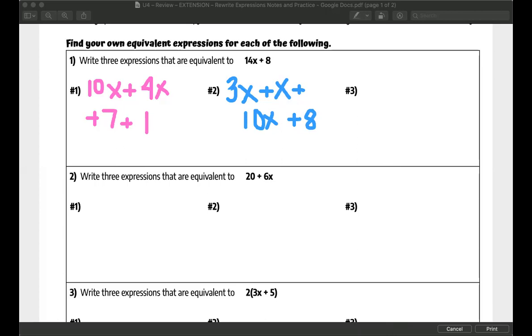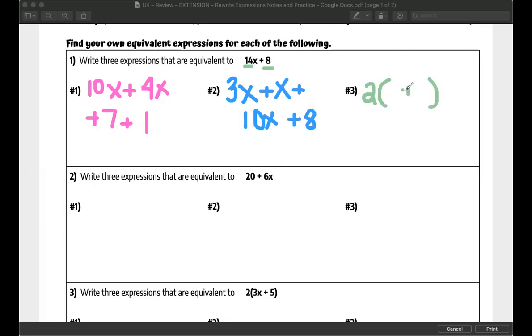Let's try a little bit more complicated. Let's say we use that reverse distributive property. So I can look at 14x and 8, and I look at 14, 8, and I think about what that greatest common factor is. Well, 14 and 8 both divide by 2. So let's say I pull out a 2 to do the reverse distributive.